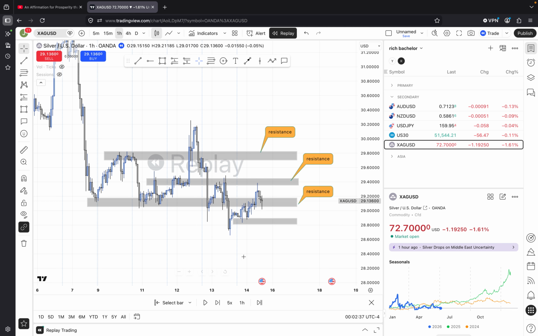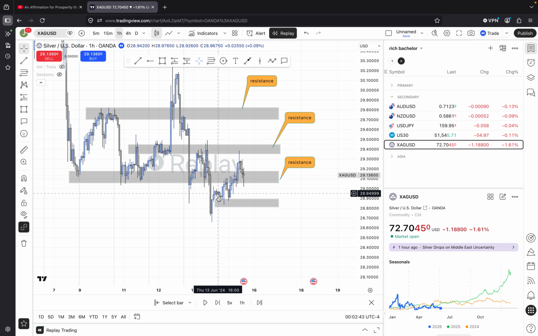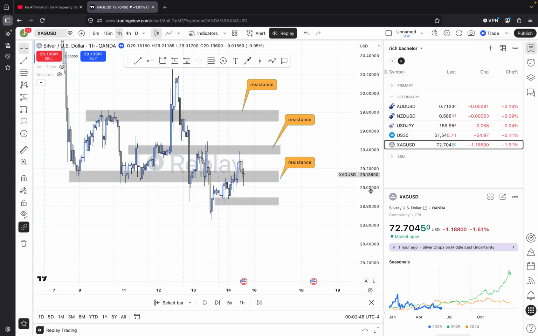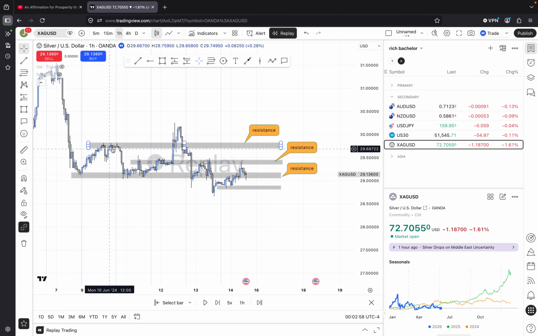Cool. We have a lower high we established right here. Price is a little bit wickish in this area. And ultimately, if we're paying attention to the bigger picture, price is starting to become exhausted as far as this downtrend is concerned, because you see how these candles are like this, then like that, then like that.